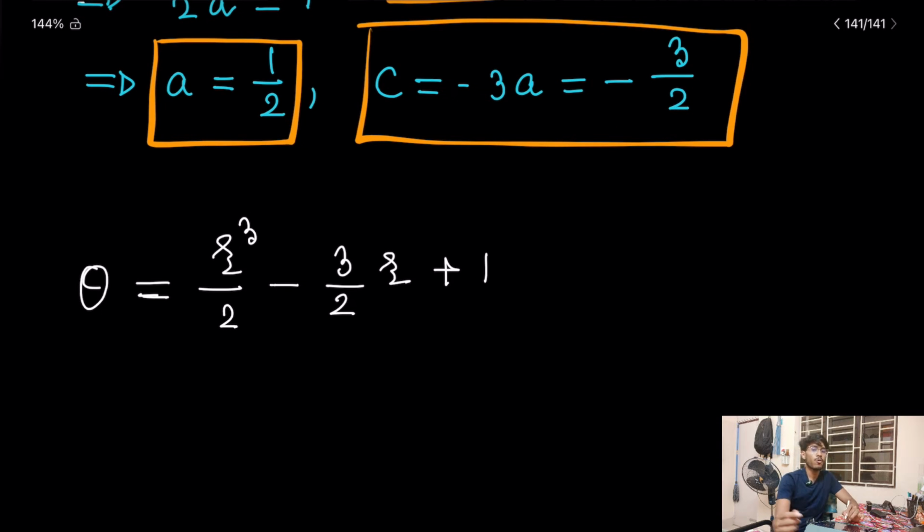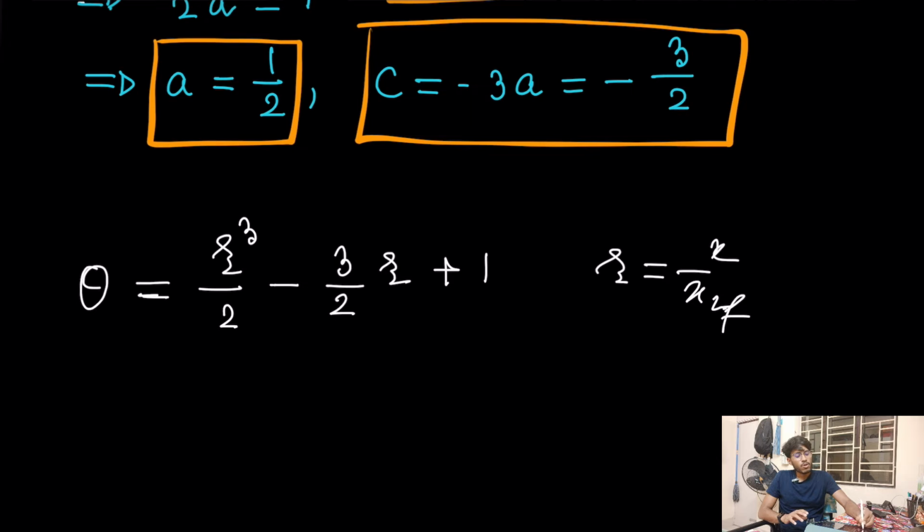Now don't argue with me that my t was a function of x and time, but theta is only a function of xi here. But xi is defined as x by delta, x by x reference, which is of the order of delta.